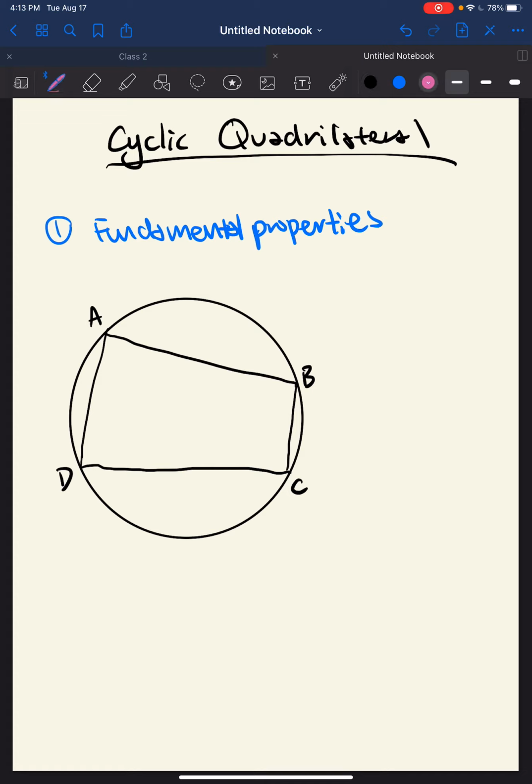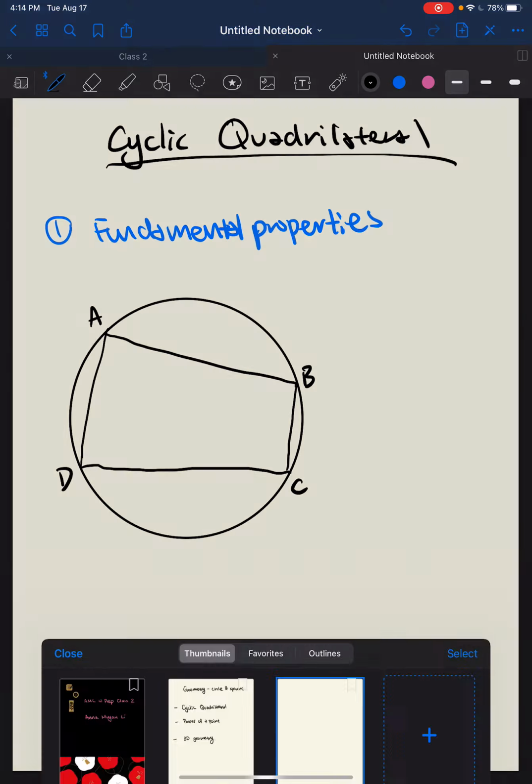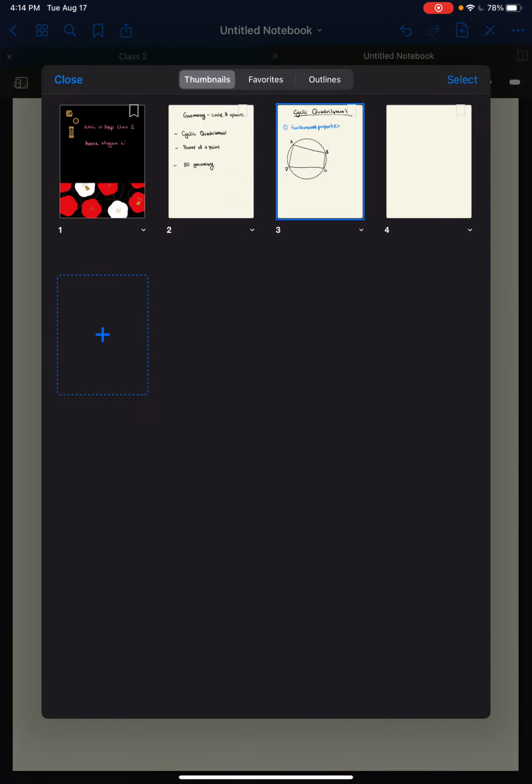A more clear definition is that a quadrilateral is cyclic if and only if it can be inscribed in a circle. So in this case, quadrilateral ABCD is inscribed in a circle. That's its definition. And now some properties.